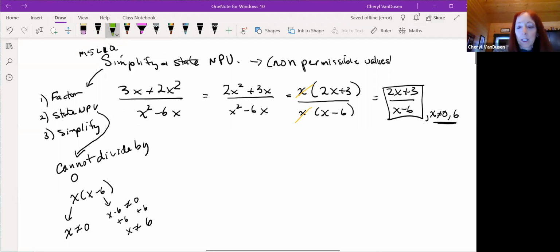I'm going to erase these. I'll have students go, oh, look, x on top, x on bottom, boom, done, punt them out. And then I'll say, oh, well, look, 3 divides by 3 and gives me a 1, and this divides by 3 and gives me a 2. You can't do any of those things because you've got addition and subtraction there.